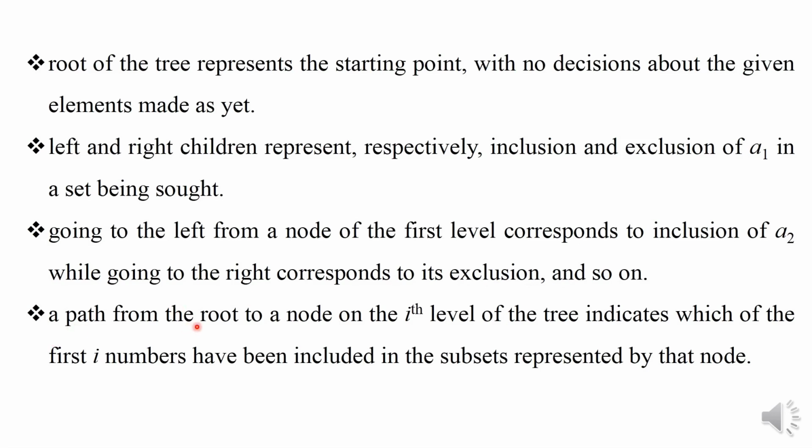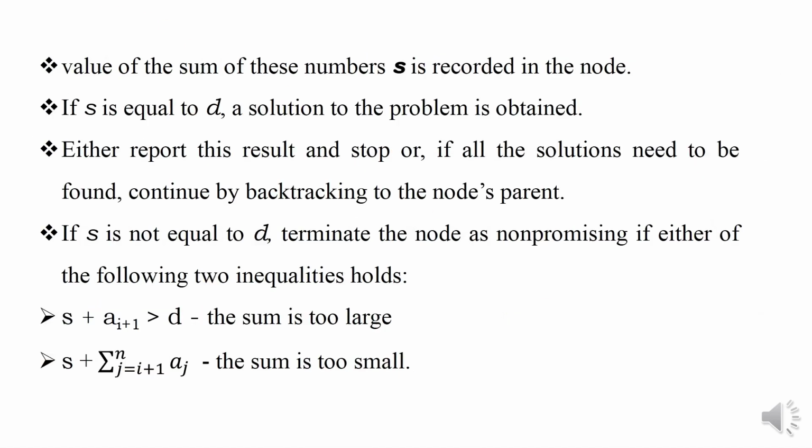So a path from the root to a node on the ith level of the tree indicates which of the first i numbers from the set have been included in your subset represented by that particular node. At each node, we are going to consider the value of the sum of the numbers that we have considered as S, which is recorded in the node.